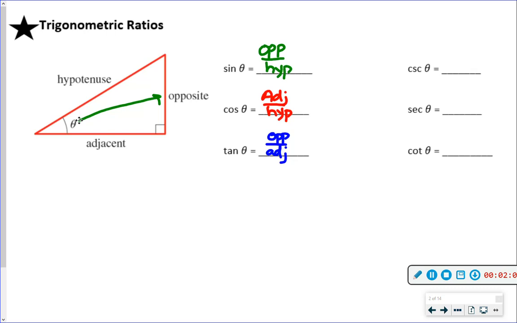I put them in a specific order on here for this reason. Cosecant is the reciprocal of sine, so you just flip sine. So cosecant is hypotenuse over opposite. Secant is the reciprocal of cosine, so it's hypotenuse over adjacent.